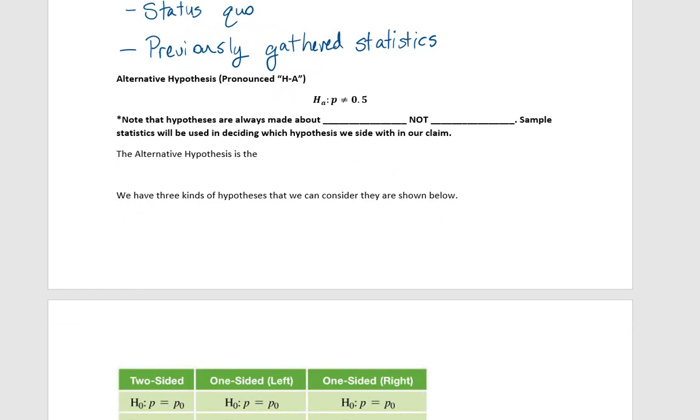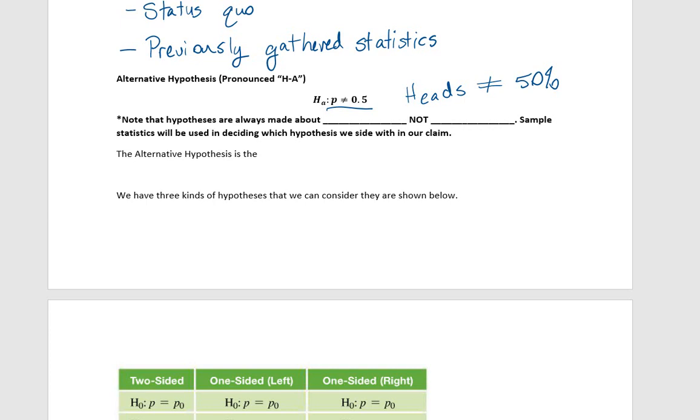Now, the alternative hypothesis is what we think has changed and how it's changed. So if a coin is not fair, what that means is that it's not going to come up heads 50% of the time. Maybe it comes up more tails, maybe it comes up more heads, but it's not going to be an even split. Okay?